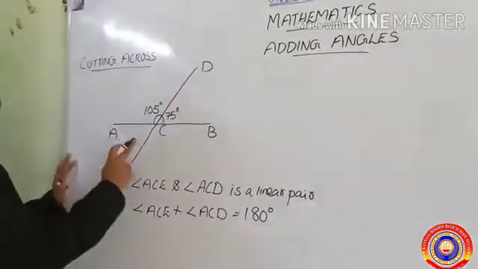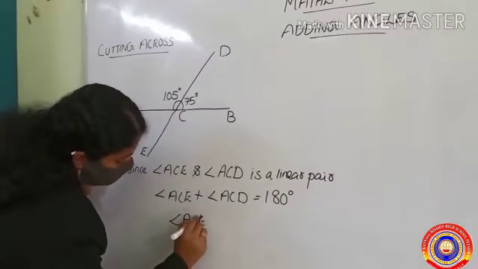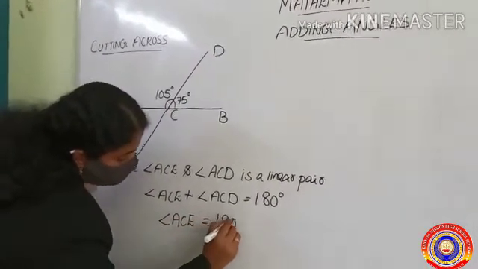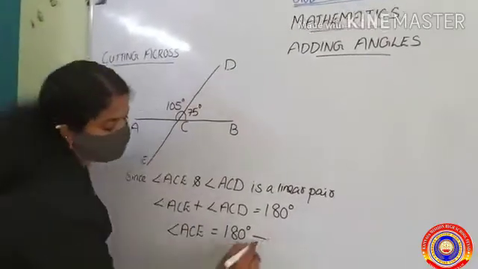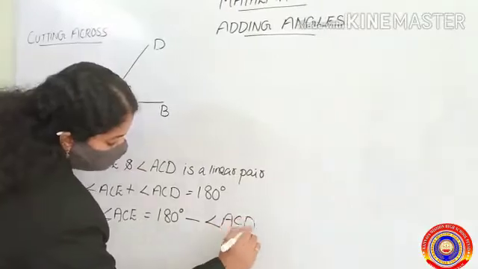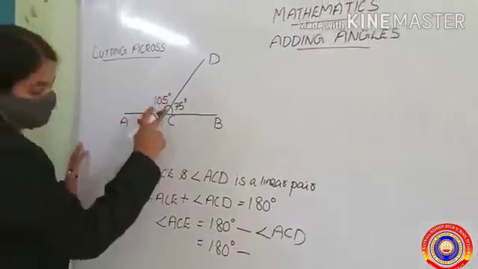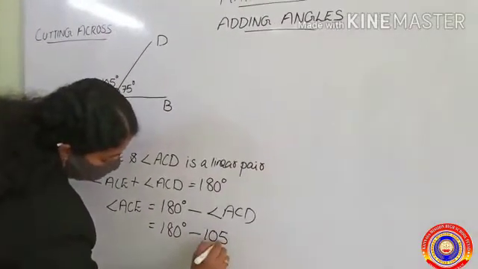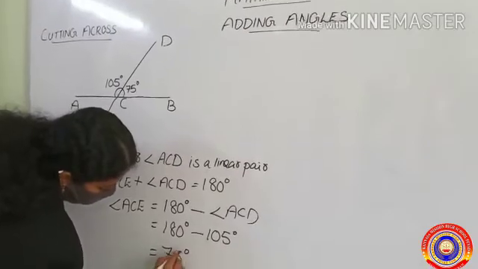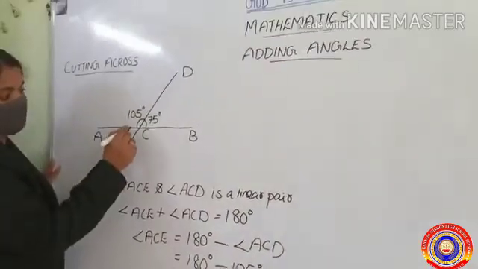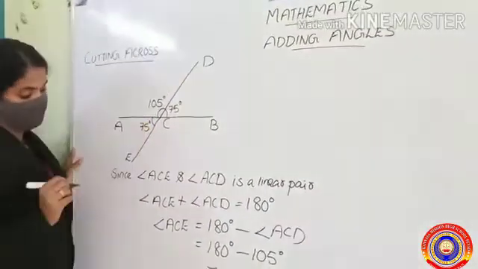Here, angle ACE is what we want to find. Angle ACE is equal to 180 degree minus angle ACD. That's equal to 180 degree minus 105 degree, which is 75 degree. So, we got the angle ACE as 75 degree.